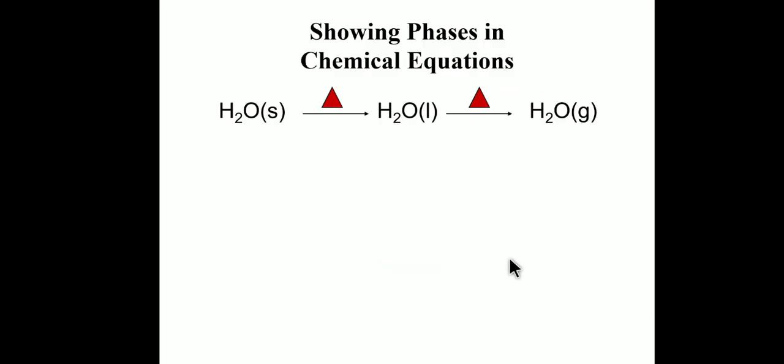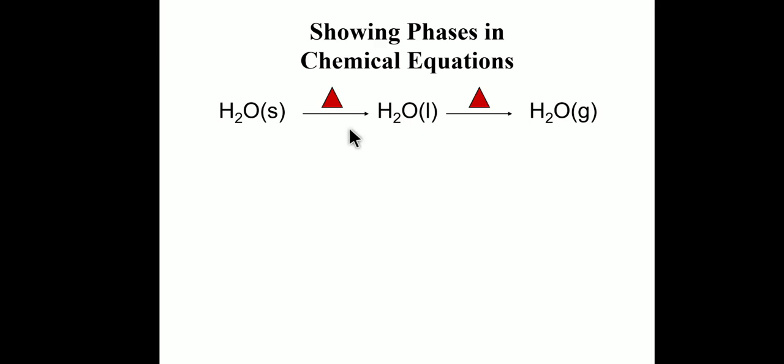Coming to showing phases in chemical equations, let us take the example here: H2O(s). S means solid, as per our previous discussion. H2O solid is ice. This delta indicates heating.